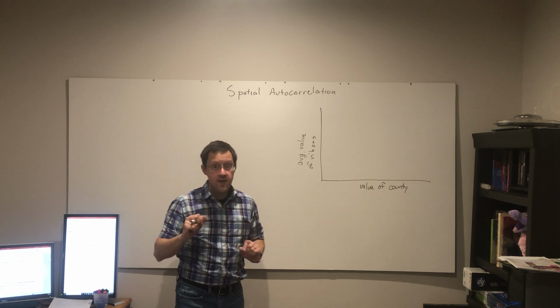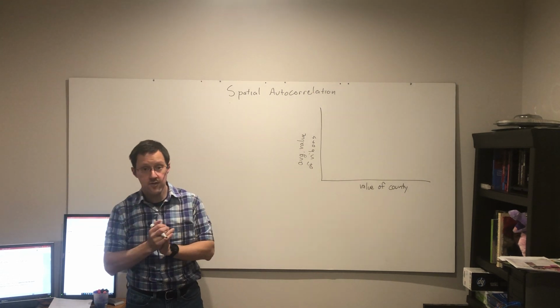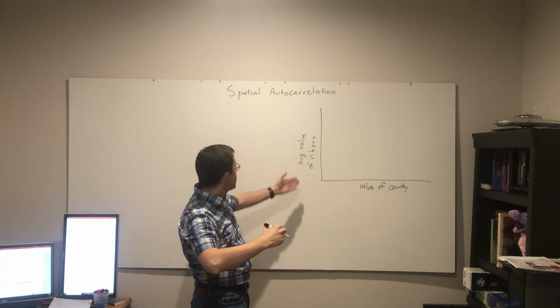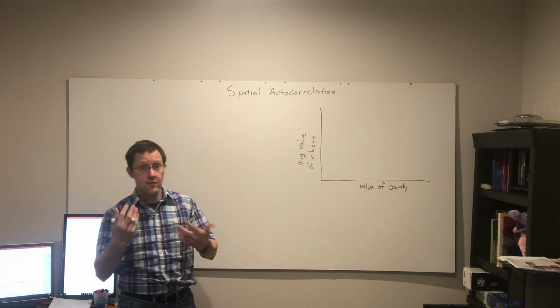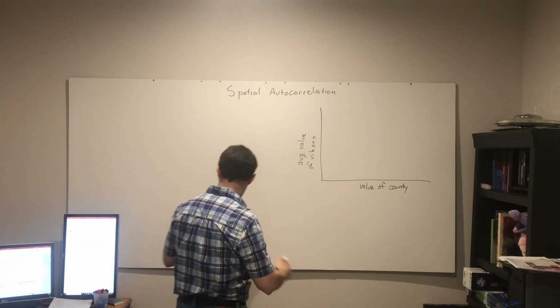Along the horizontal axis is the value at that county, at that place. And along the vertical axis is the average value of the neighbors. However, again, we have to define neighborhood.